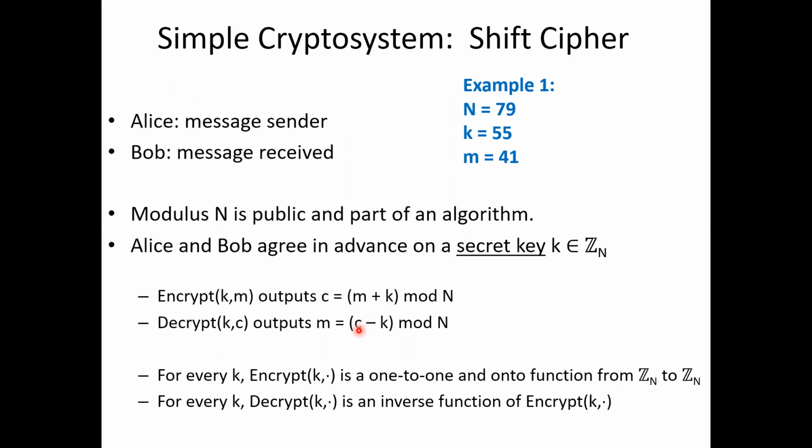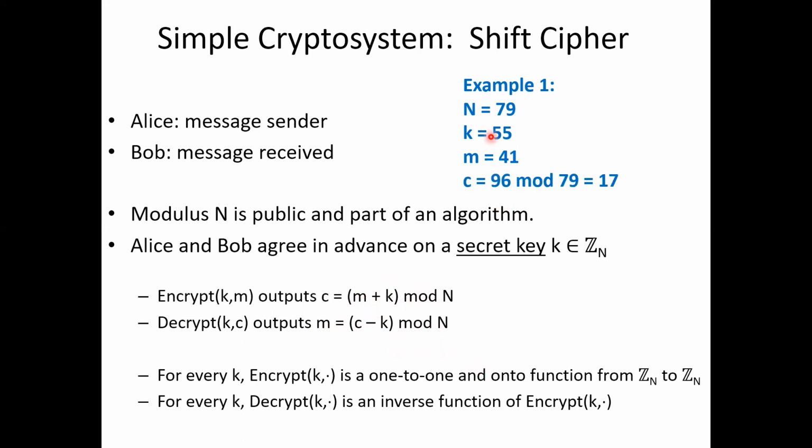So it's rather immediate that this encryption scheme is correct in the sense that for every key k, for every m, if you first encrypt and then apply decryption to the result of encryption, you get m back. Because if m plus k mod n, I subtract k, then mod n, I just cancel this k, right? And I get m out.